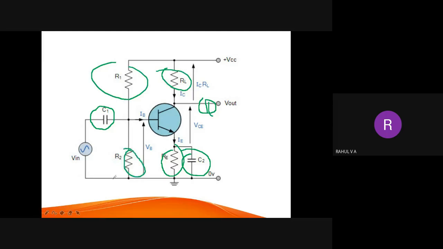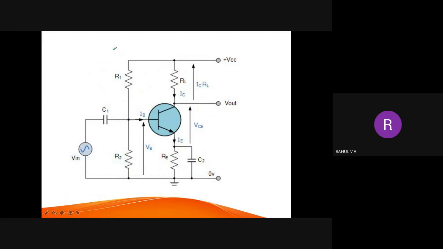And then there is a separate question. They can separately ask what is a potential divider or voltage divider circuit. That is a separate question.